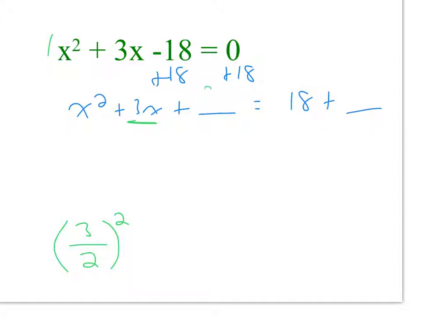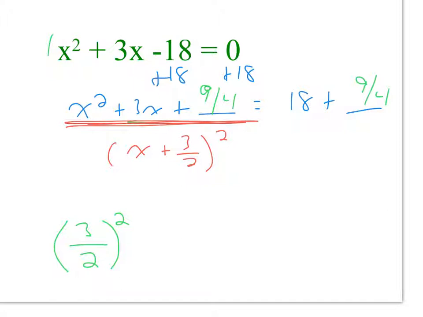I would suggest to you work with fractions. It's much easier than working with decimals. So we're going to add 9/4 to both sides. Here's the whole beauty of this now. On the left-hand side, we're going to have (x plus 3 halves) squared. That's what this turns out to be. It's a perfect square. Hence we call this completing the square.